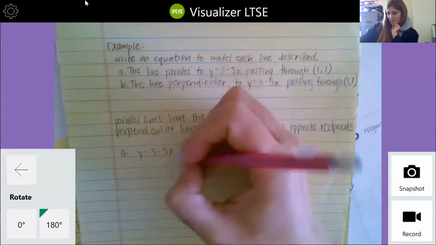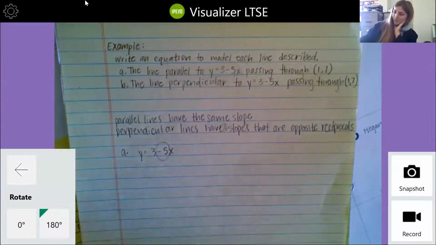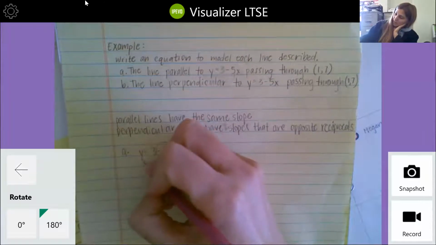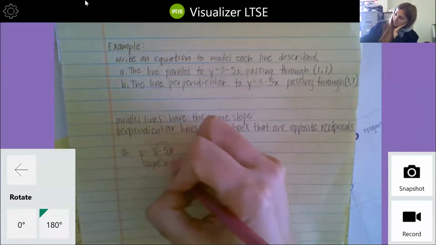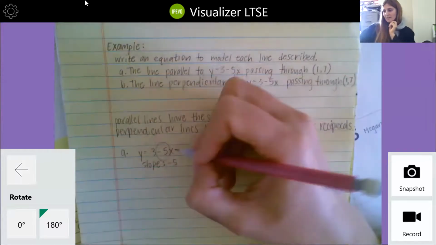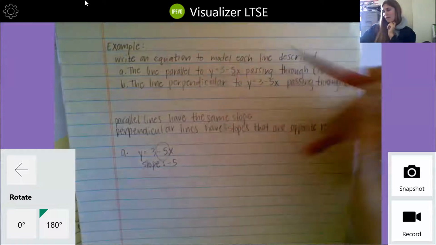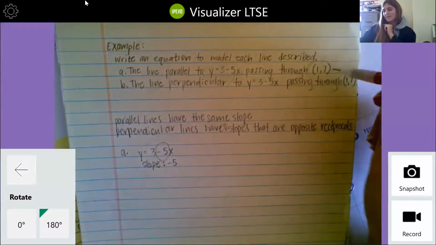Yes, the slope of the line is -5. So that's the slope of this line. I'm looking for a line that's parallel to this and passes through (1, 7).